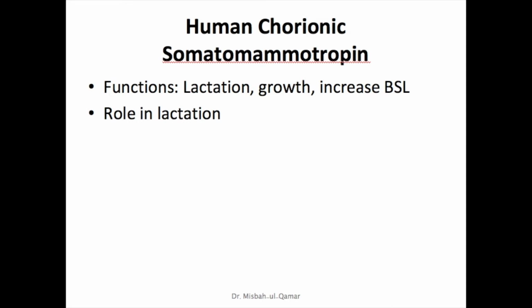For lactation, it causes a partial development of the breasts, and in some instances, it causes lactation in animals. Due to this effect, it was first named human placental lactogen. However, the attempts to use it to promote lactation in humans have not been successful.